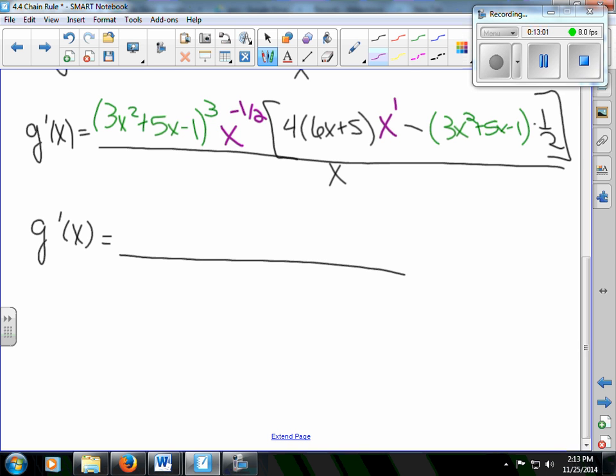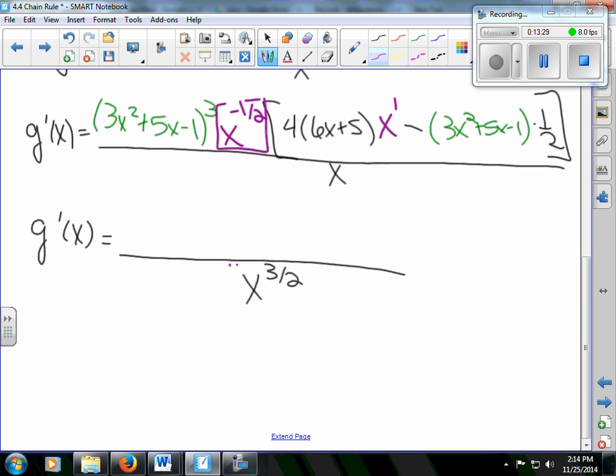Okay, now one thing I'm going to do is I'm going to take this purple x to the negative 1/2 here, and I'm going to make that positive x to the 1/2 in the denominator. And there's already an x down here, so when I multiply those together, I add the exponents, and 1/2 and 1 is 3/2. And so on the bottom, you'll see x to the 3/2.